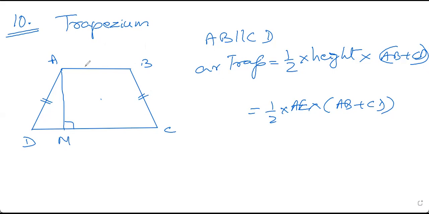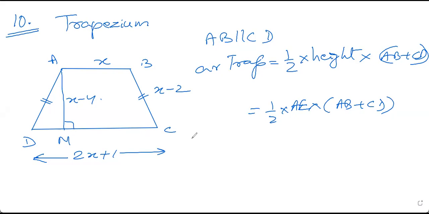And the question is trying to help us by telling that this is X minus 2, and this is X minus 4, and this side CD is totally 2X plus 1. This was given to us. And it says the area is 33 square centimeters.